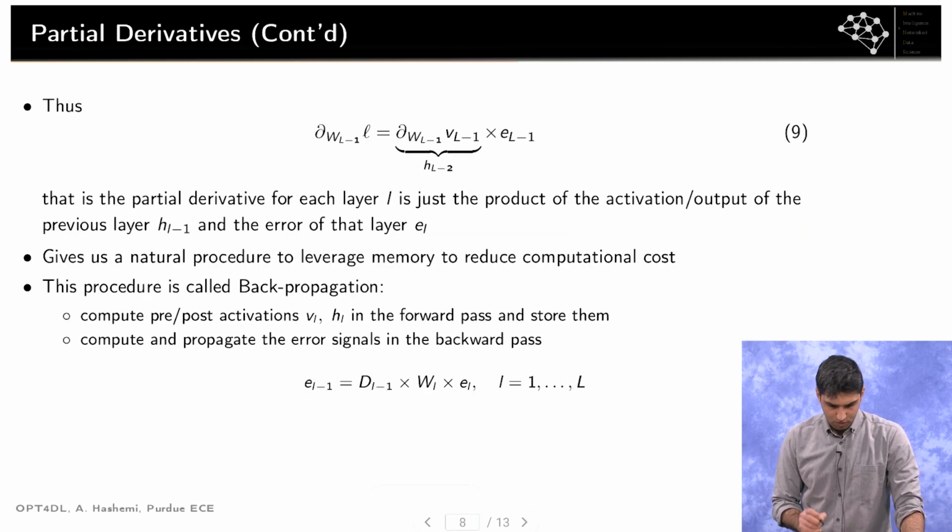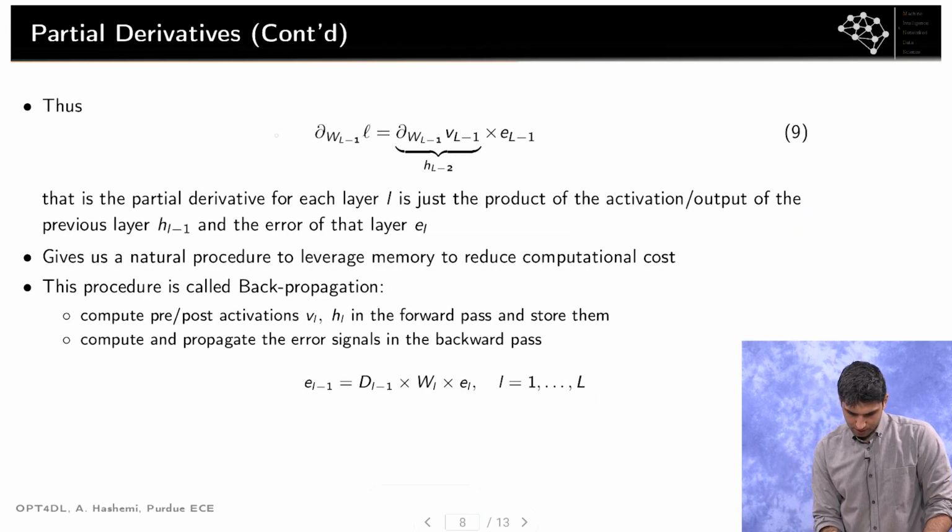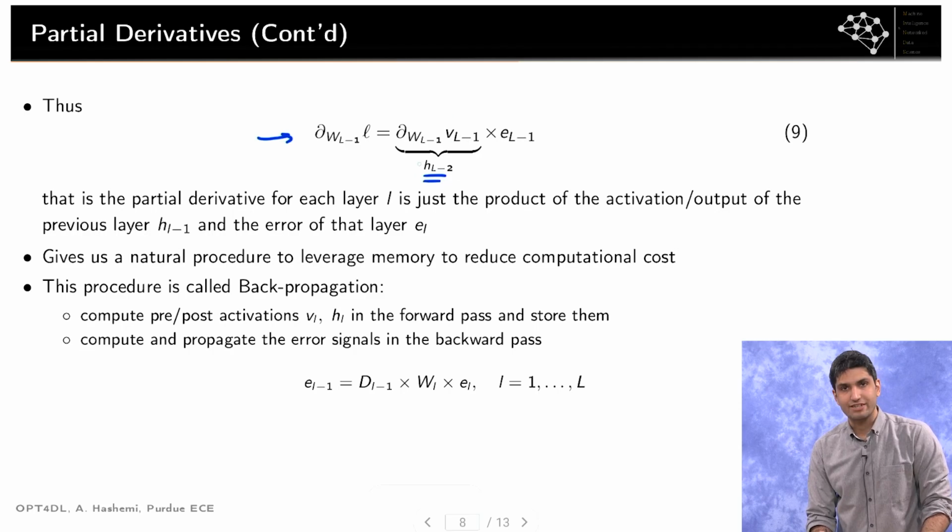So this is what we observe: for layer L minus 1, the partial derivative is the partial derivative of V L minus 1 with respect to W L minus 1, and this is nothing but the post-activation of the previous layer times the error signal of this layer.